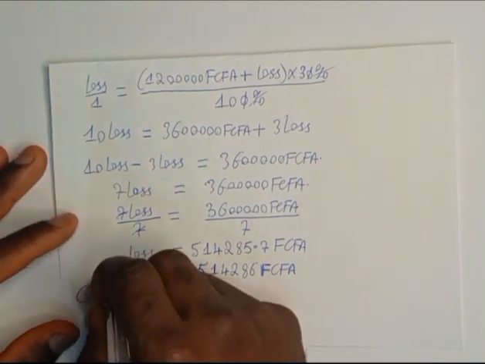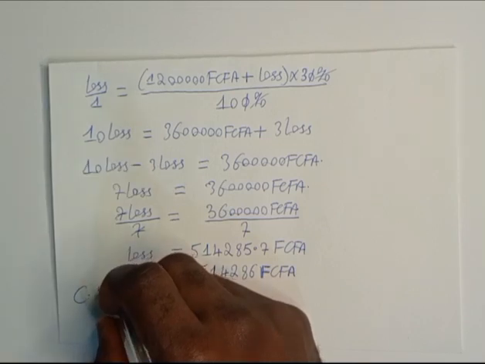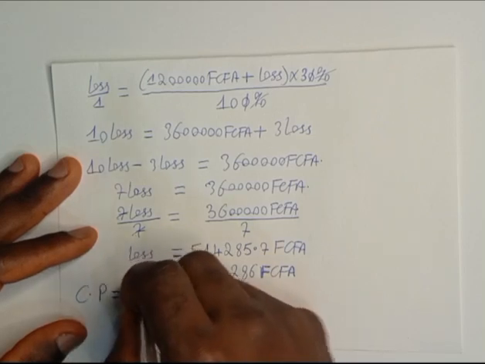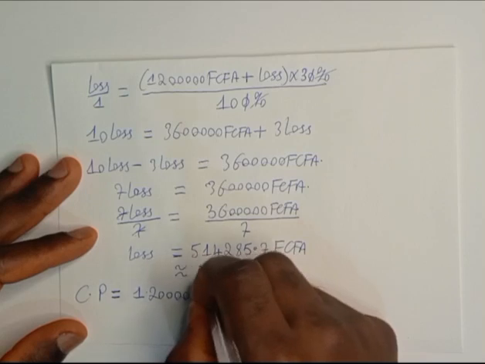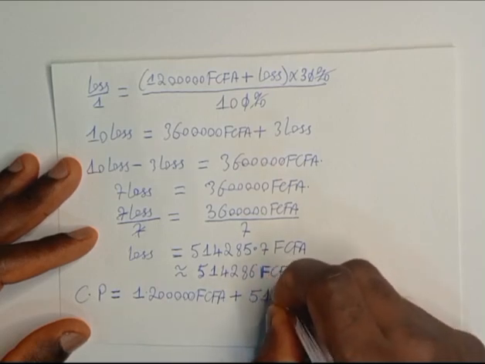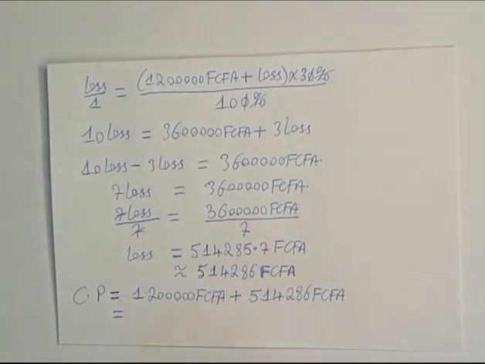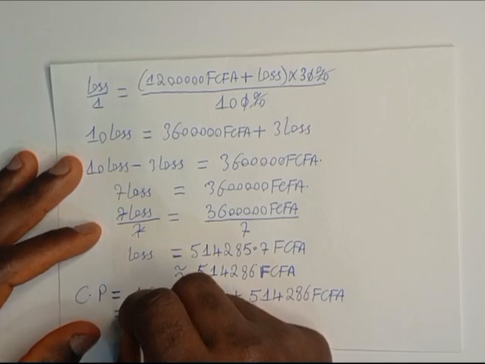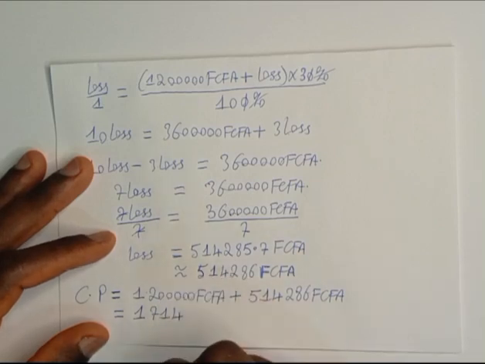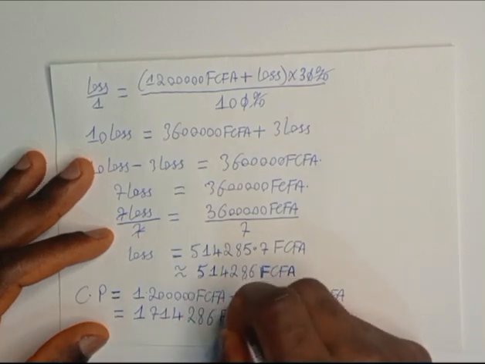The cost price of the item is simply equal to, we are going to take the selling price of the item, which is 1,200,000 francs CFA, plus the loss made, which is 514,286 francs CFA, and this will simply be equal to 1,714,286 francs CFA.